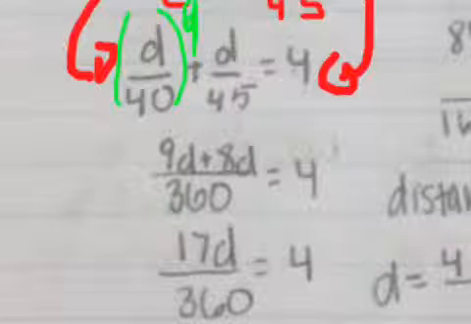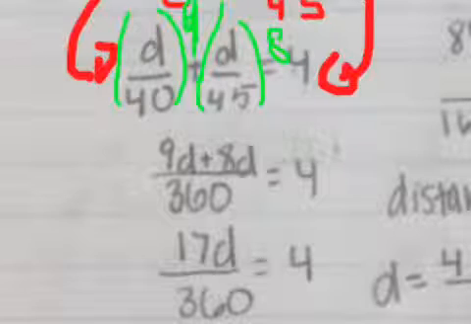Then she multiplied the other one by 8, because 8 times 45 gives you 360, and then you get the 8d. So we got the common denominator.